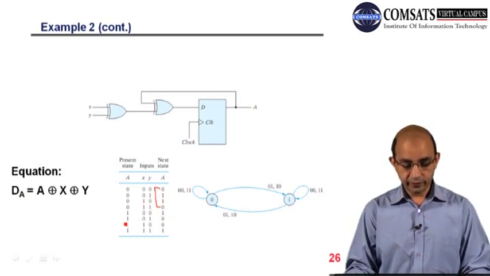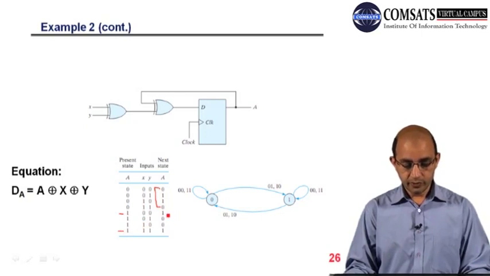So if the present state is 1, because we have moved from here to here with 0 1 or 1 0, then for state 1 we have 0 0 and 1 1.